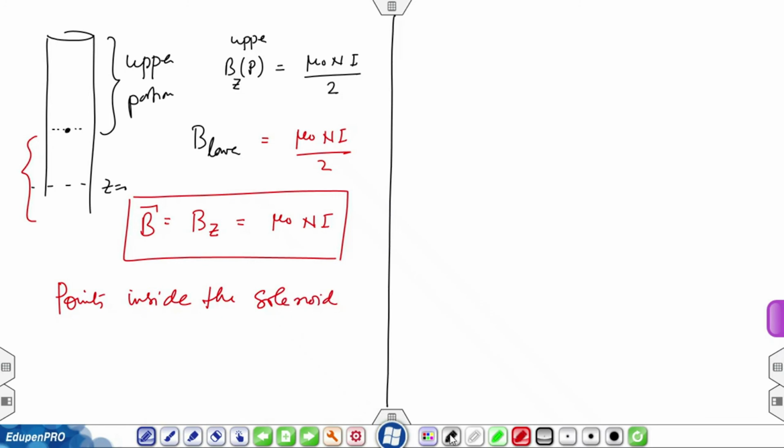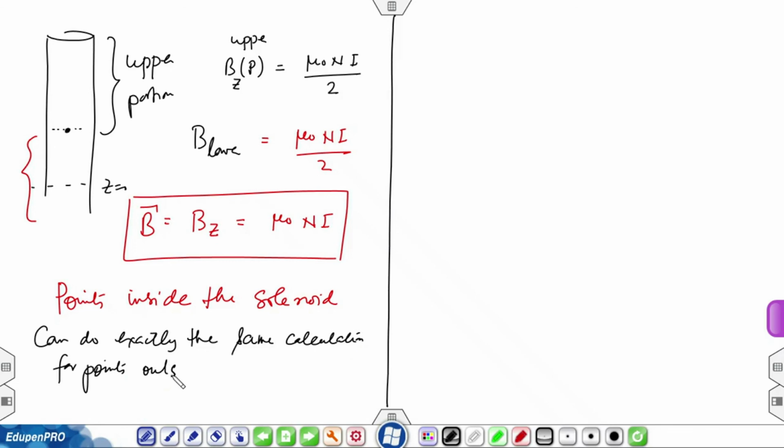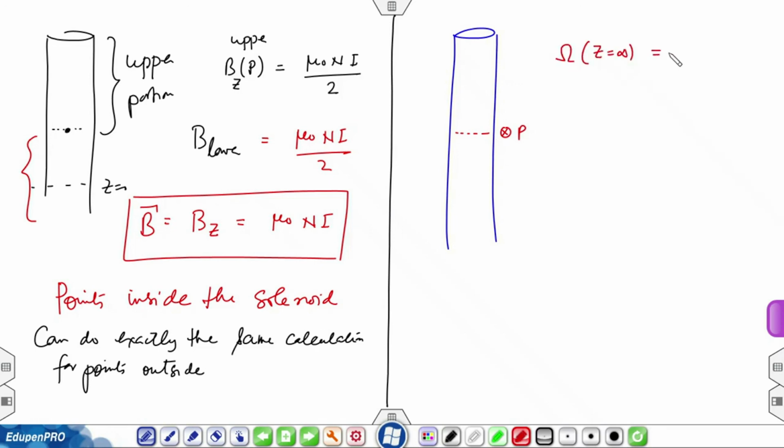We can do exactly the same calculation for points outside. For points outside, again when I take the solenoid, and I take a point outside, you will see that solid angle omega for z equals infinity is 0, and omega for z equals z naught, which is right here, will also be 0.